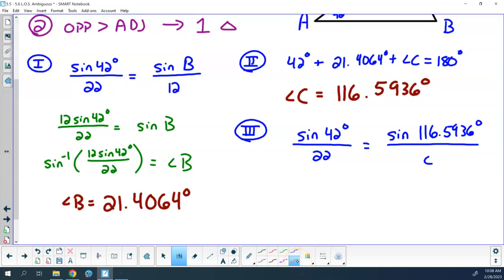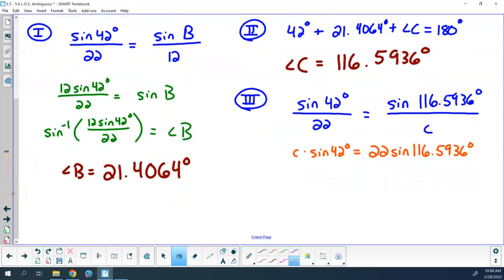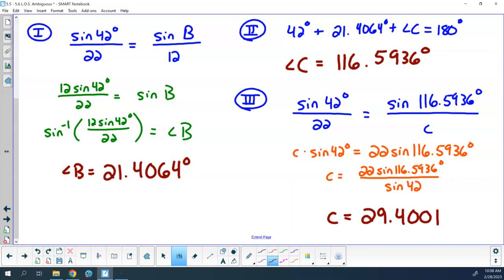Some cross multiplication here would give me c times the sine of 42 degrees equals 22 times the sine of 116.5936 degrees. That's going to give me 29.4001.